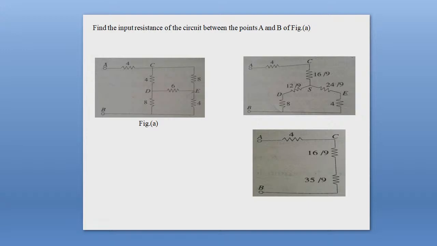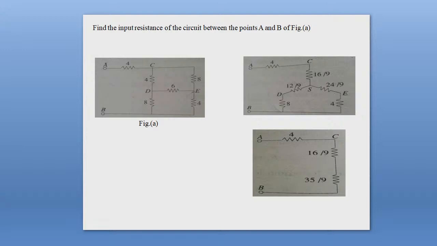You can remember this as: the delta resistance between any two terminals is given by the sum of the star resistances between those terminals plus the product of these two star resistances divided by the third star resistance. I will provide the soft copy PDF document of this topic, don't worry.